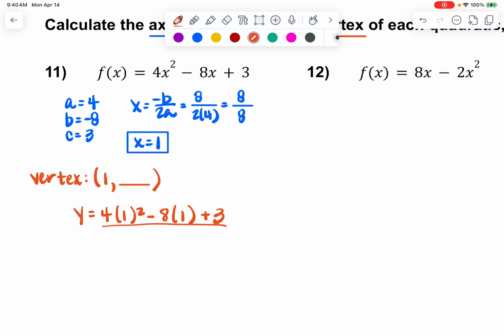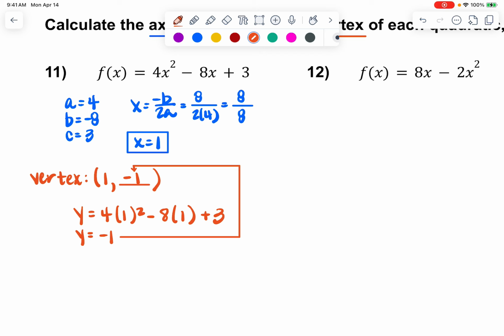Again, just please type all that in your calculator. All right. And when we put all that in there, I believe we're going to get a y value of -1, which is then, of course, what you're going to use to go plug in that missing y value of your vertex. Right, so -1. There we go.